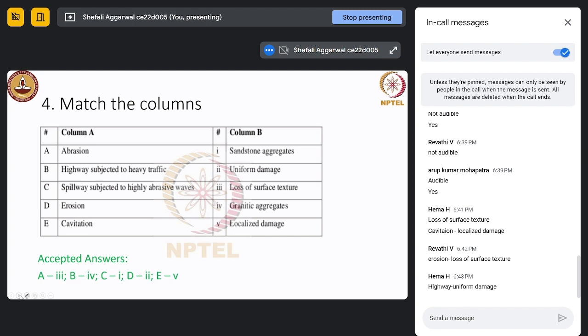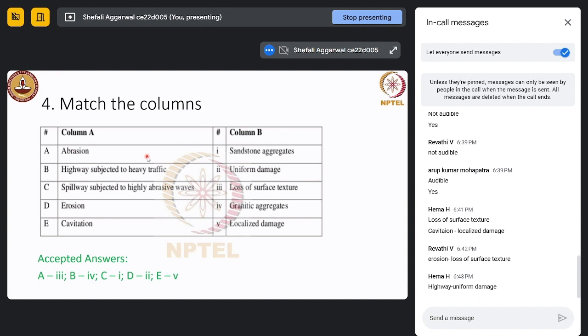Okay, is everyone satisfied with the answers? So abrasion, as we have seen from those diagrams, there will be a loss of complete surface texture.